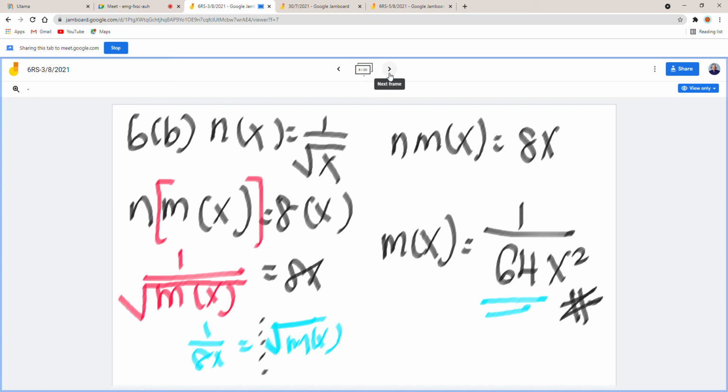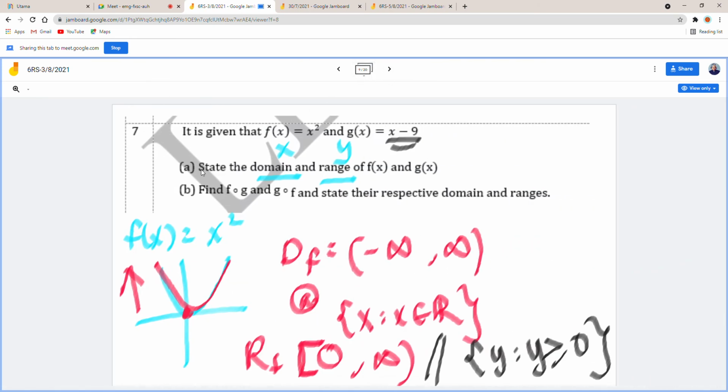Now 7 also. Okay, this one, I think this is where you have to draw the graph. So you have to draw just fx and gx. Fx is just x squared, so just a normal graph.